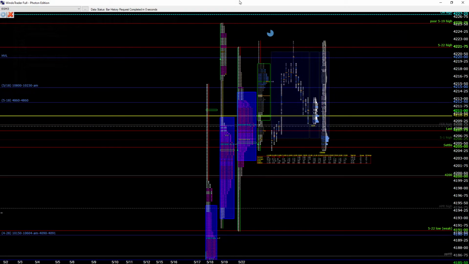Because it will be opening inside, the closer the market opens to the center, the higher the chance of chop and a rotational market.